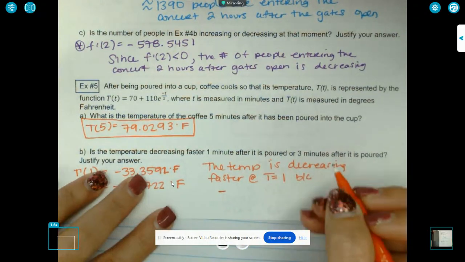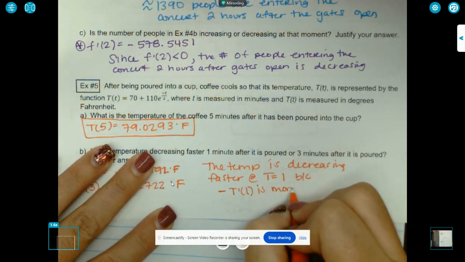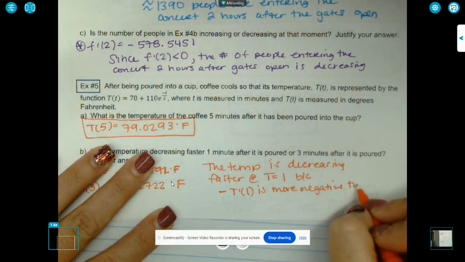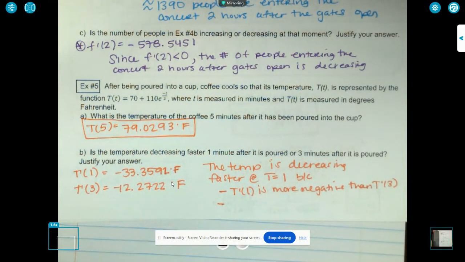The first way is T prime of 1 is more negative than T prime of 3. The other way is what you said: less than, because value-wise, -33 is less than -12, right? But ultimately, the rate is a greater rate.